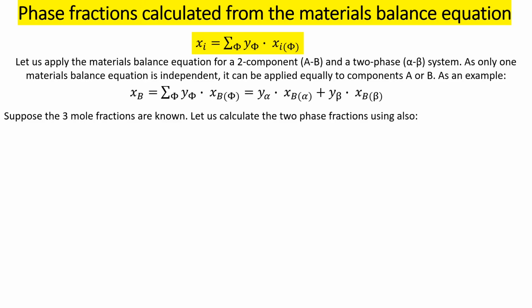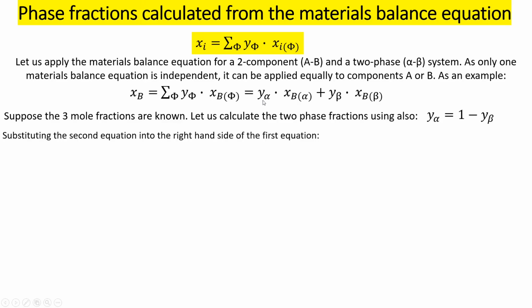But you know that generally for two unknowns, which are y alpha and y beta, one equation is not sufficient. But I hope you remember that we have actually the connection between these two unknowns, at least for two-phase systems, which has been written before as y alpha equals 1 minus y beta. Now let me substitute this equation for y alpha and rewrite the previous equation again.